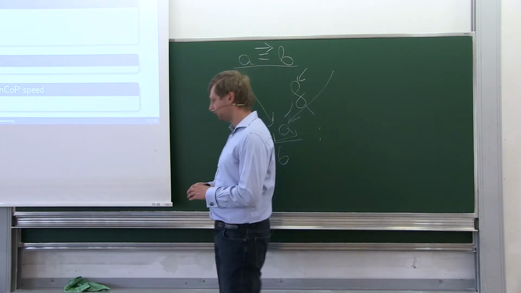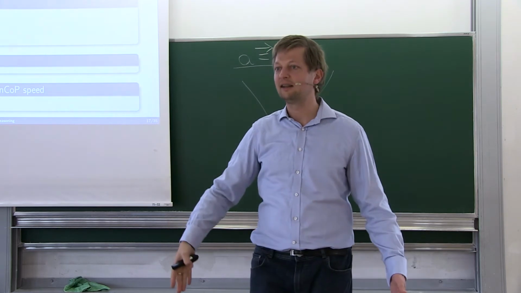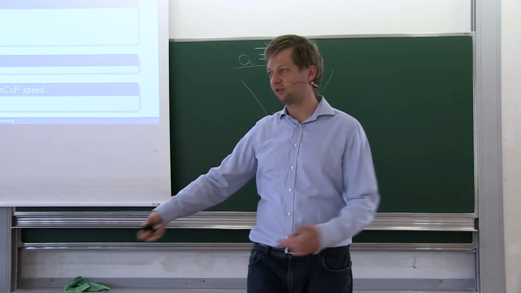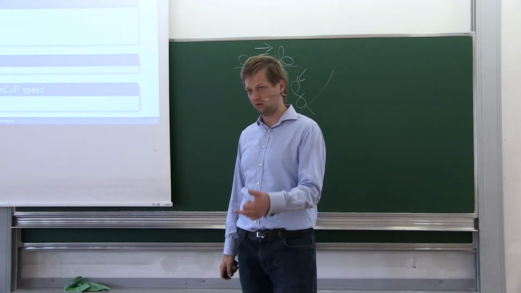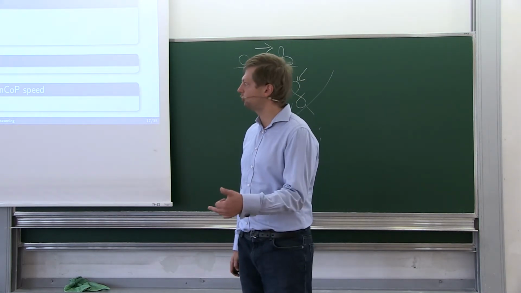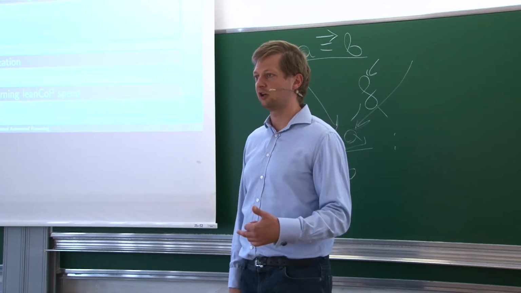Since we had hundreds of thousands of different proofs, each of them with many steps, the first thing you would do would be to perform offline indexing, so try to identify everything externally and allow a new instance of female cop to read off the data that can be relevant only for the current problem.